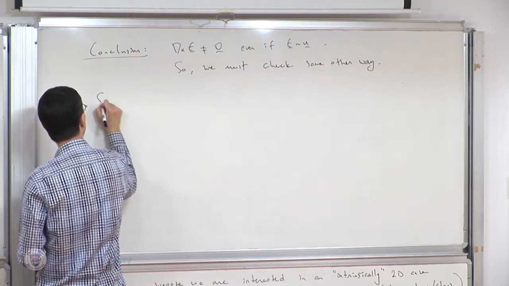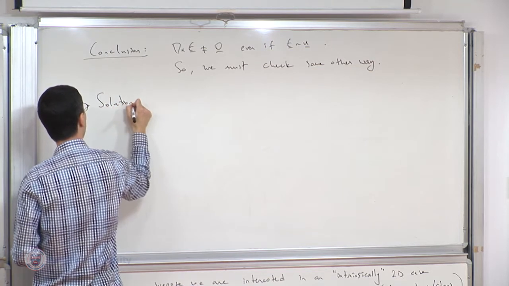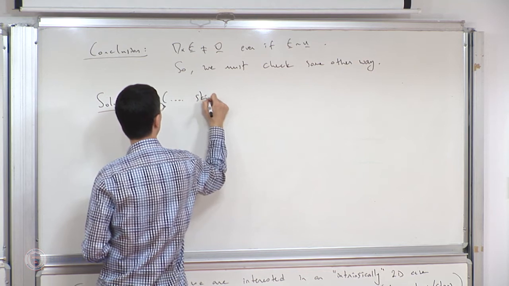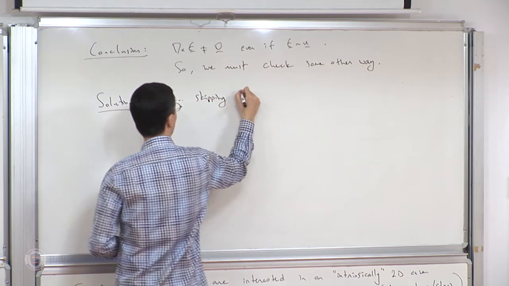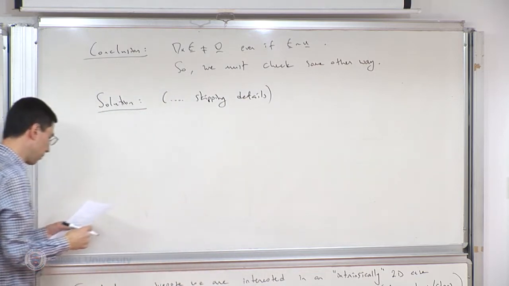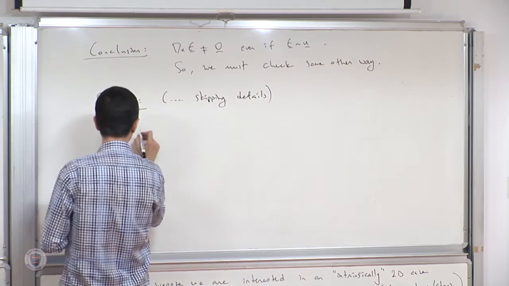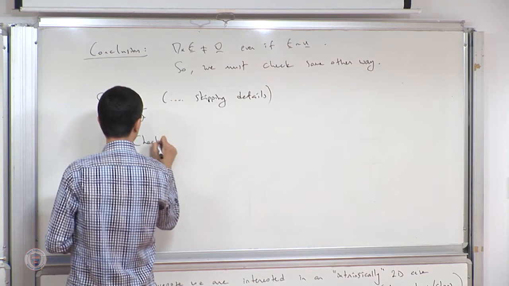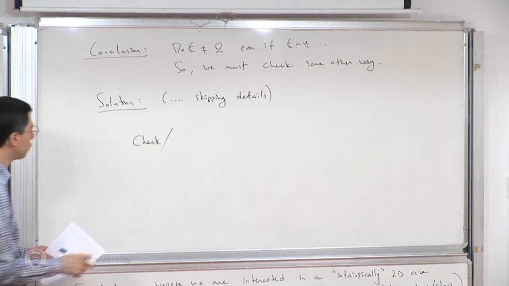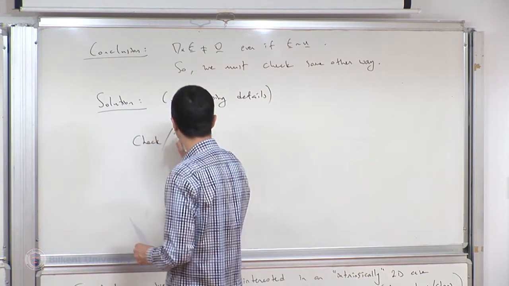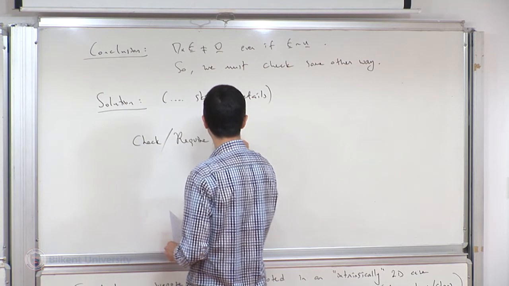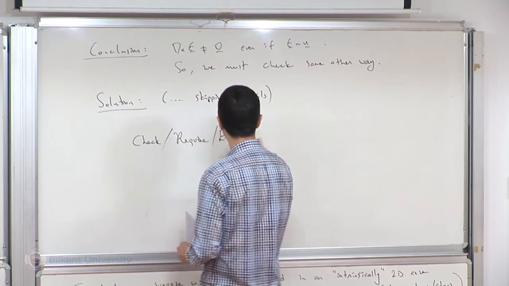And here's the remedy or the solution to our problem. And here I am skipping the details. So you check... In the upcoming weeks, I'm going to use different terminologies. Sometimes I will say check. Sometimes I will say require. Sometimes I will say enforce compatibility.